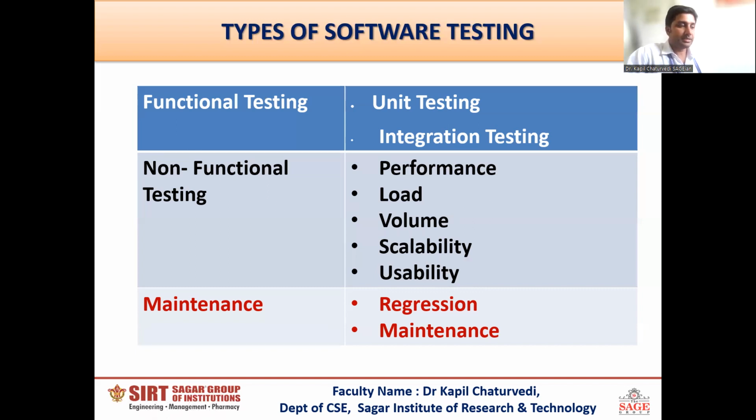Usability testing means the test applied by the users, using the actual application on the client side. Maintenance testing is a continuous process that goes on in the maintenance phase. Regression and maintenance testing: regression is basically stress-checking testing, where we check how much one module is related to another module, and if we change one module, what will be the effect on another module.